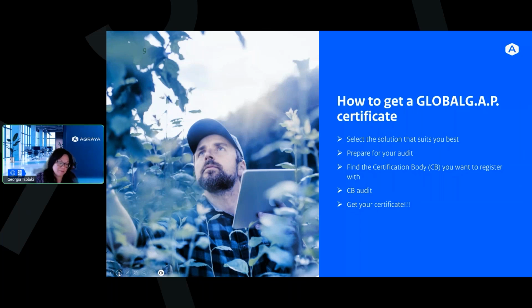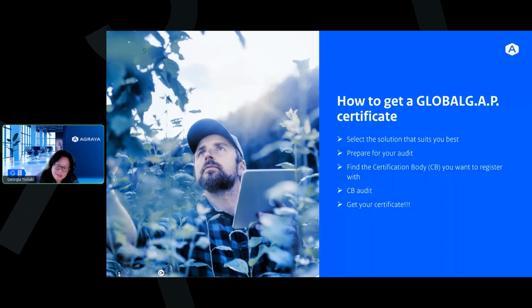So the producers prepare using the documents that we have freely available on our website, conduct their internal check, and select their certification body, the one that is closer to their area and approved for the solution that the producer selects.